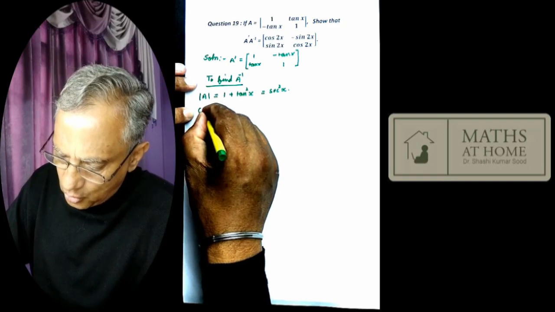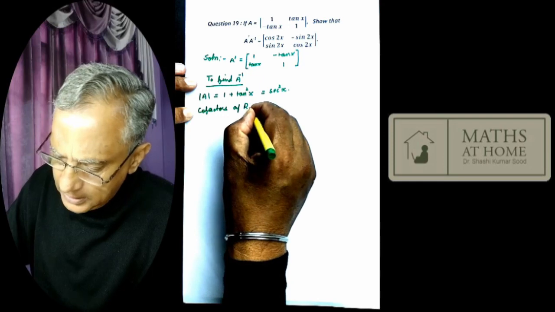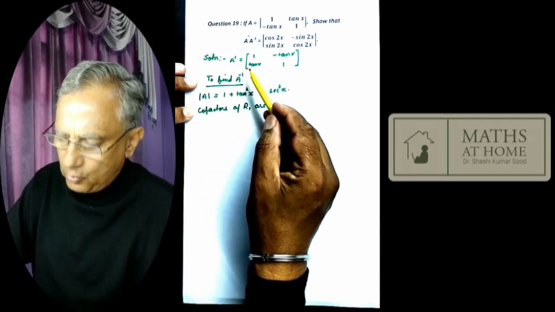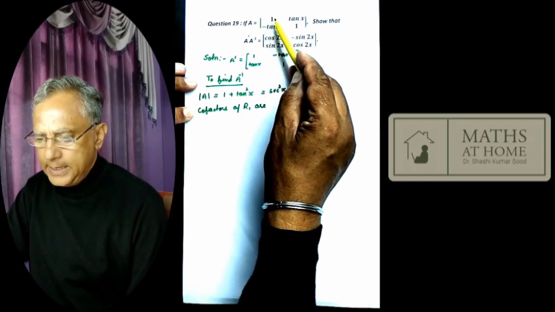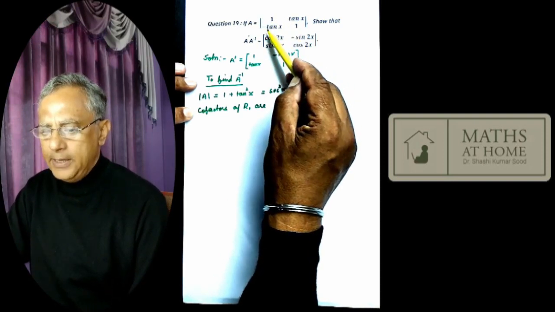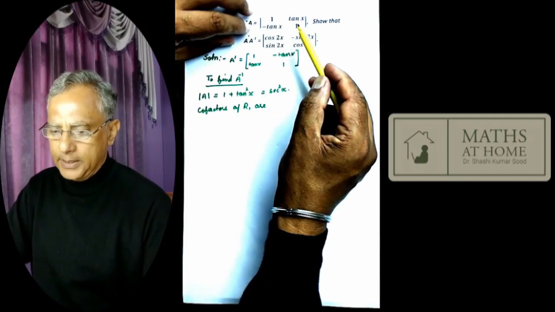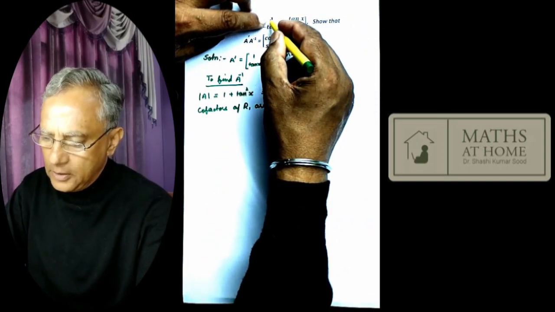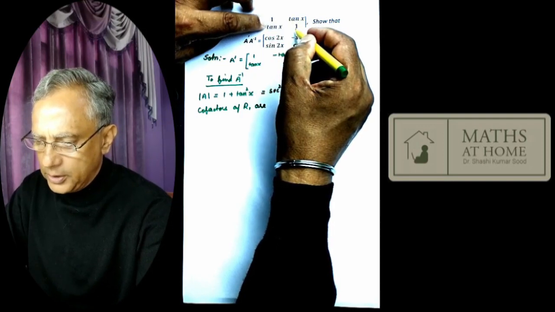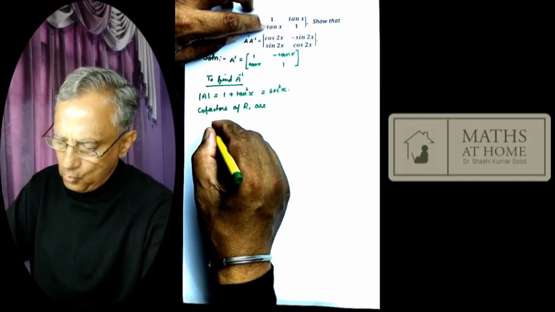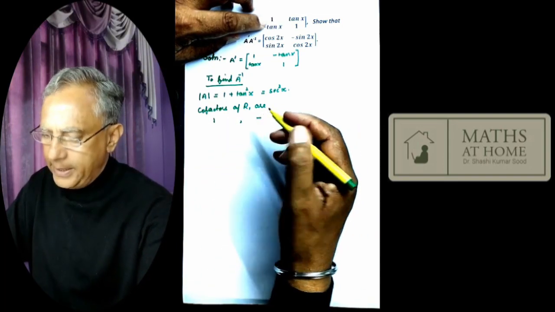And now cofactors. In order to find adjoint of A, what we do is we will find the cofactors of each and every entry and replace those entries by their cofactors. So cofactors of R1, cofactor of this is even place, 1 1. This is gone, this is gone, and we get 1. First cofactor is 1, then this will be negative.